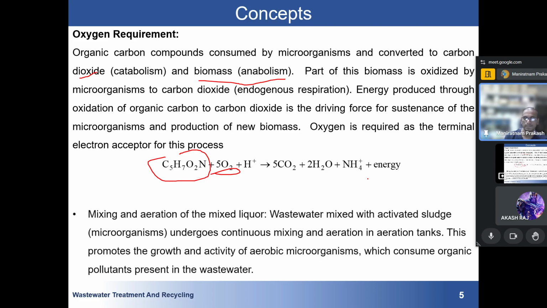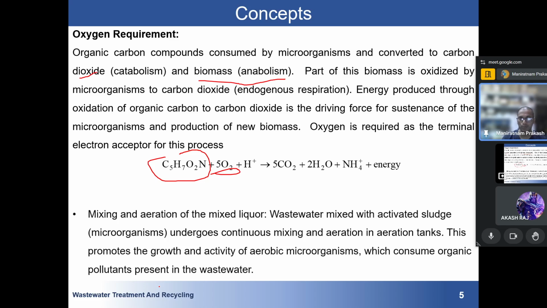Okay, now we have different units in our activated sludge process. Mixing and aeration of the mixed liquor: wastewater mixed with activated sludge undergoes continuous mixing and aeration in the aeration tank. This promotes the growth and activity of aerobic microbes which consume organic matter pollutants in the wastewater. So there is continuous supply of air.